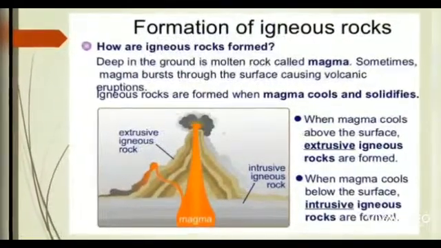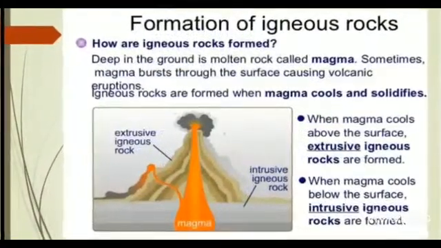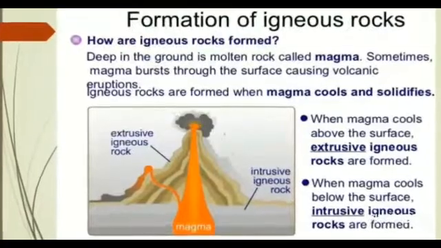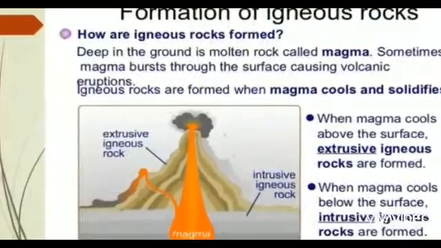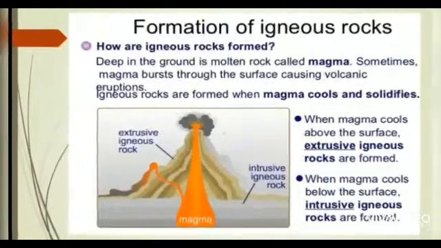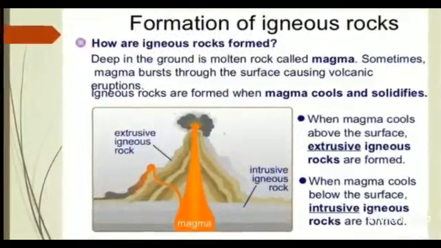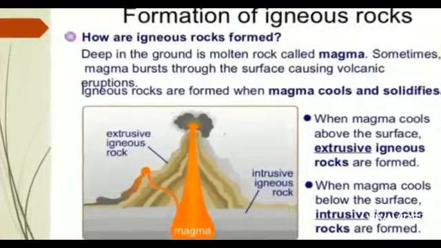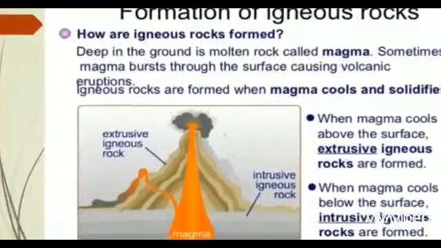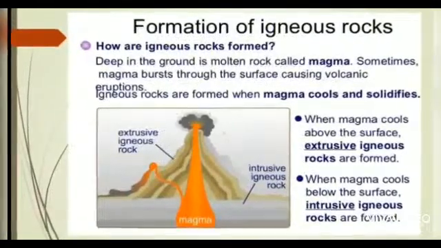Igneous rocks are formed when magma cools down and solidifies. When the magma cools above the surface of the earth, it is called extrusive igneous rocks. When magma cools down below the surface, it is called intrusive igneous rocks.